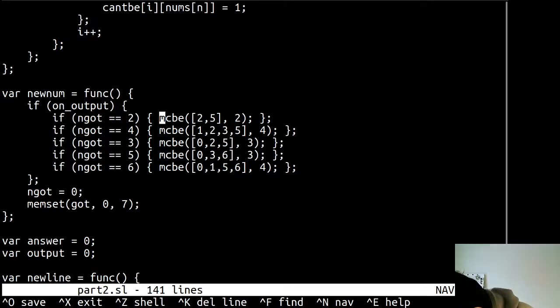If n got is 5, then we've either got 2, 3 or 5. 2, 3 and 5 all use A, D and G, which are 0, 3 and 6. And if n got is 6, then we've got 0, 6 or 9, which all use A, B, F and G, which are 0, 1, 5 and 6. And that's what we've got written.